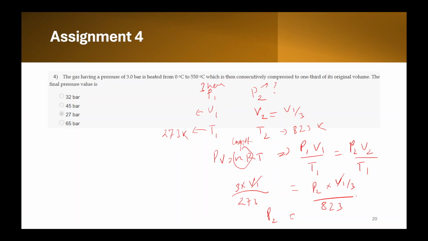This 3 is in denominator, so it will go up. So 3 into 3 into 823 upon 273 basically. So this gives us roughly around 27 bar. If you take the temperature as 273.15 and this as 823.15, this is the more accurate value of temperature. So you will get exact 27 bar. So the correct answer is 27 bar.